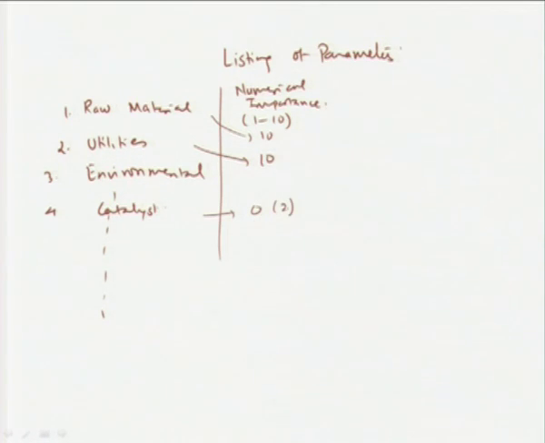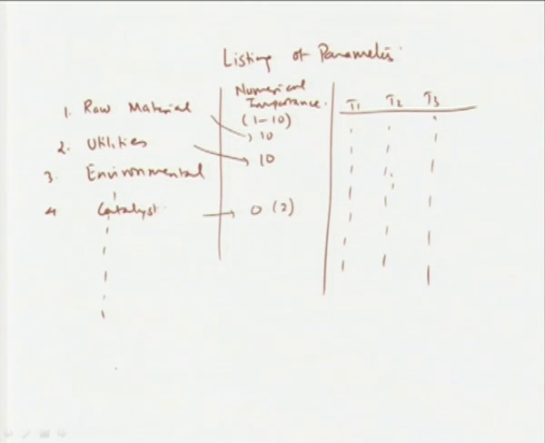So, for each process, each technology that we have, T1, T2, T3, we have to list the numerical importance of these parameters. And now, having listed all viability parameters with importance coefficient, we go ahead with assigning marks to the process under evaluation.